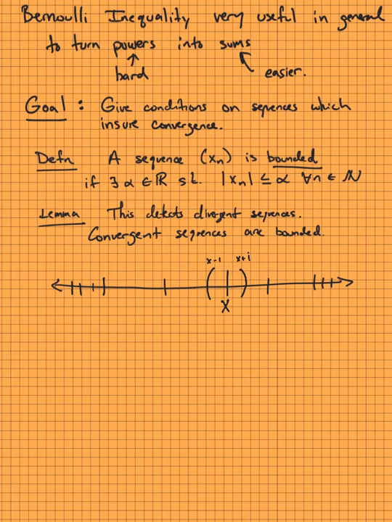Okay? So at some point in its life, it decides to live only in this interval, and then it does that for the rest of its time. So then the upper and lower bounds are given by, well, there's two possibilities.